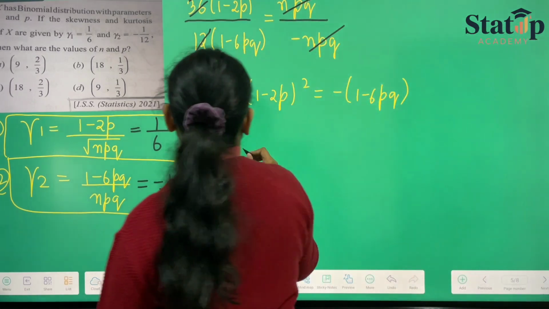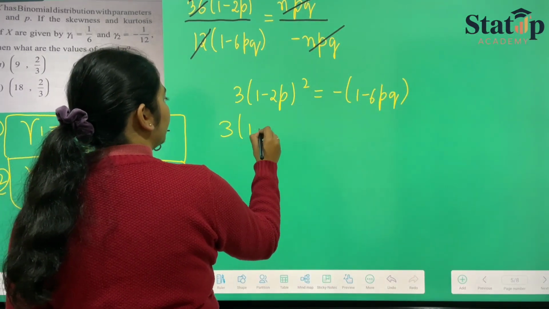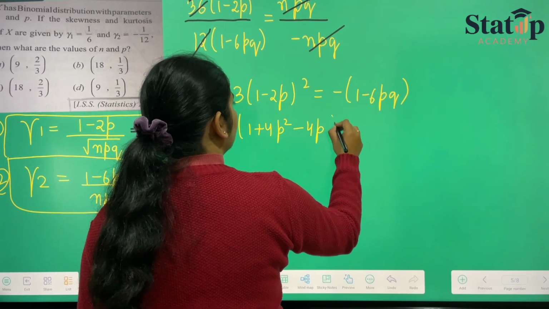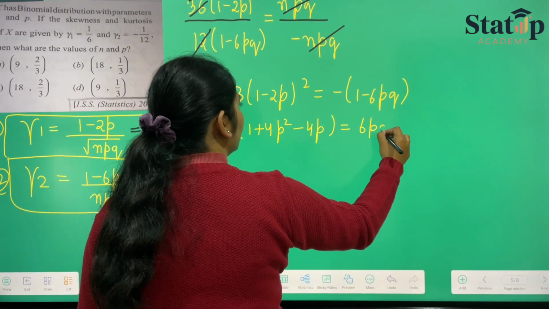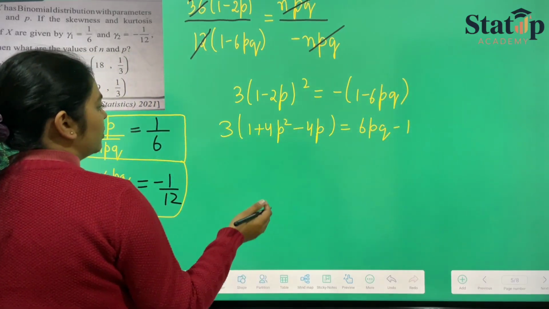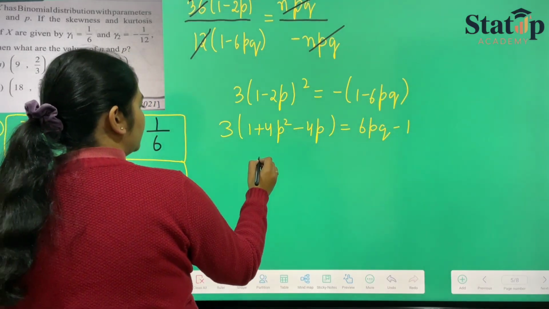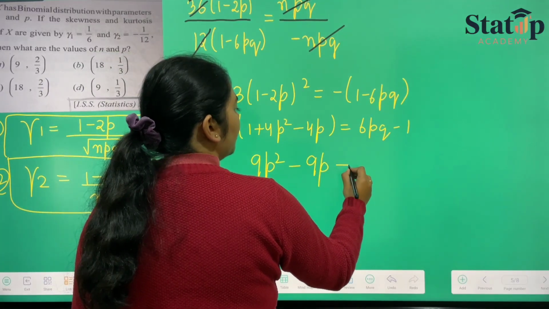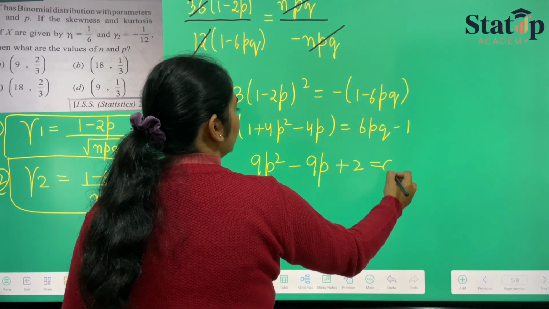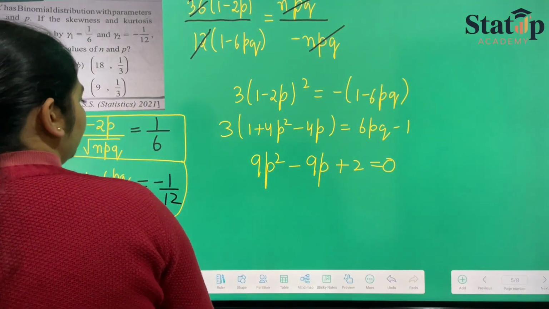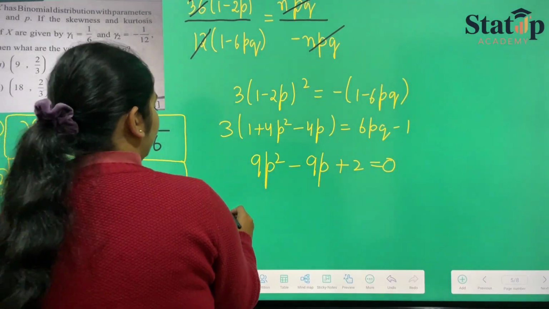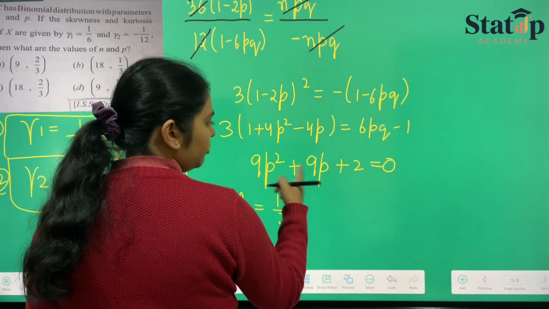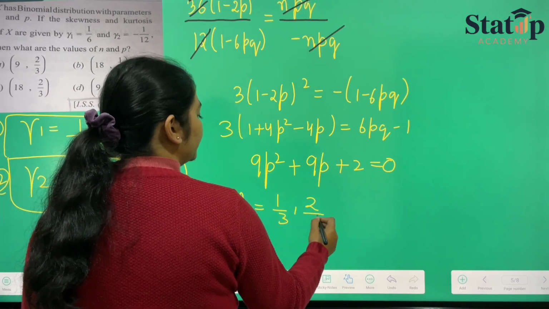If we open this bracket, 3 into 1 plus 4p square minus 4p is equals to 6pq minus 1. And on solving, we'll be getting an equation such as 9p square minus 9p plus 2 is equals to 0. And on solving this, we'll be getting the values of p as 1 by 3 and 2 by 3.